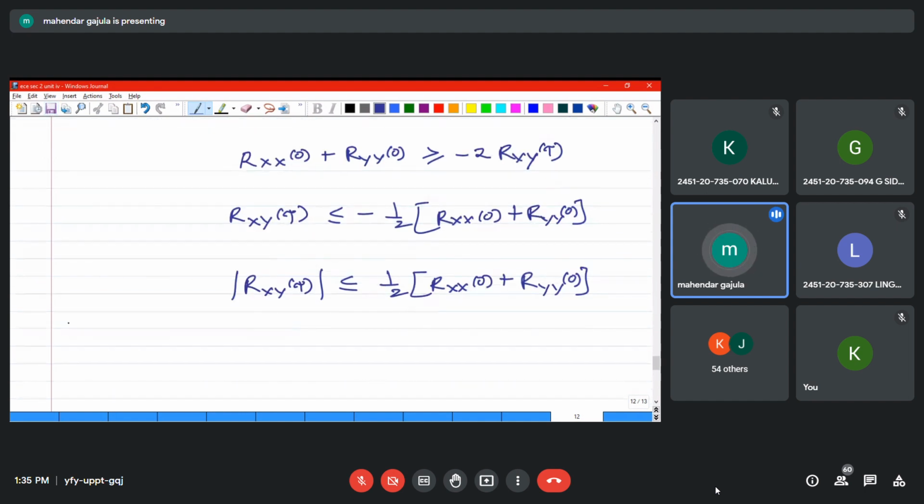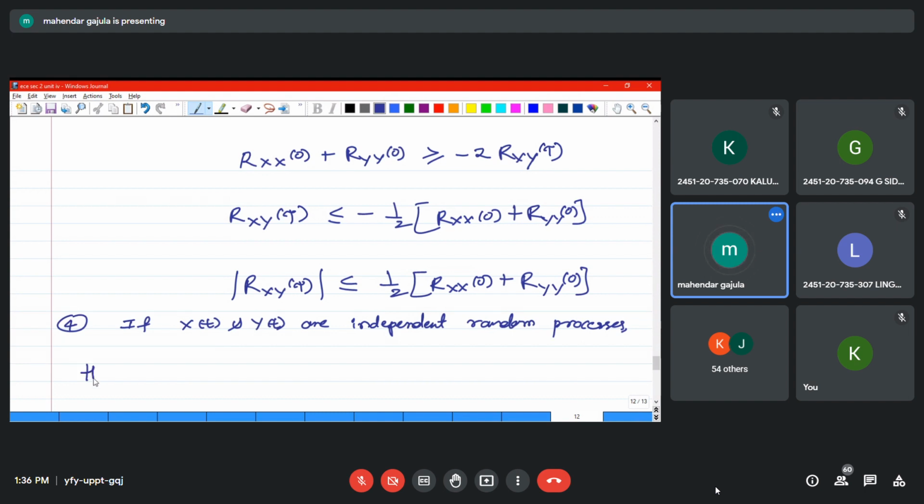The fourth property is: if x(t) and y(t) are independent random processes, then can someone tell me what is r_xy(tau)?